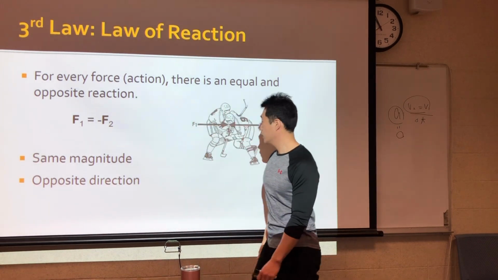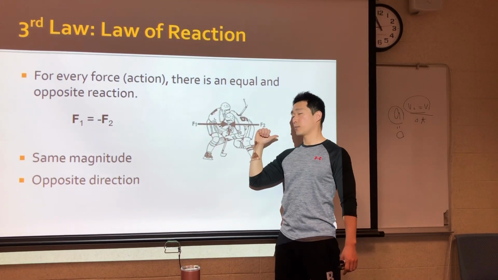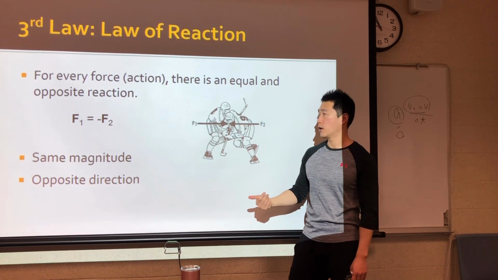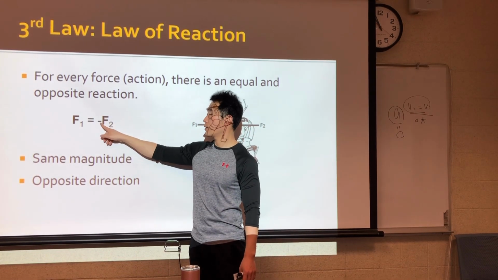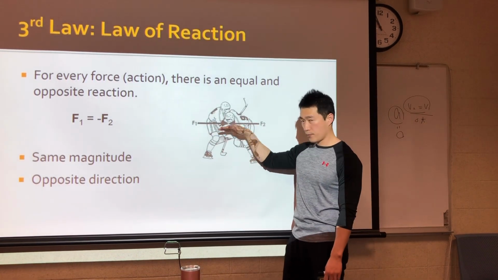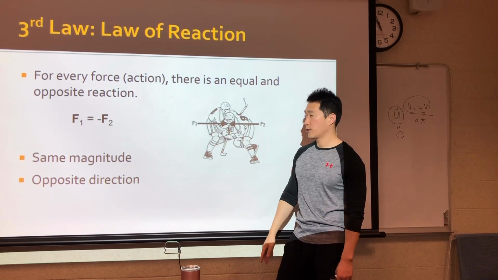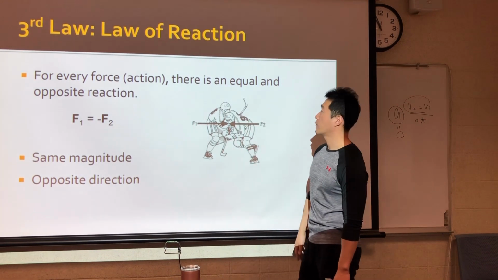If we designate this direction as positive, the other way must be negative. F2 is negative because he was moving in the negative direction, which is this way. That's why it's the same magnitude but opposite direction: the law of reaction.